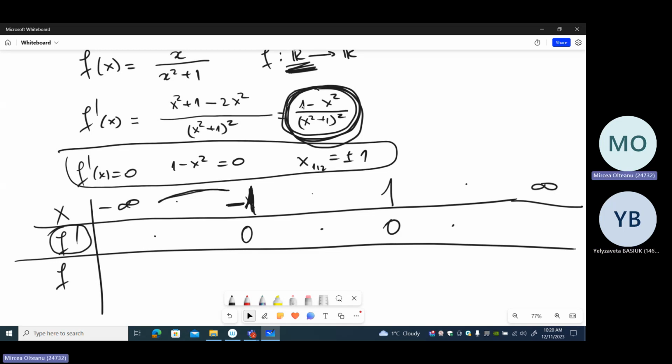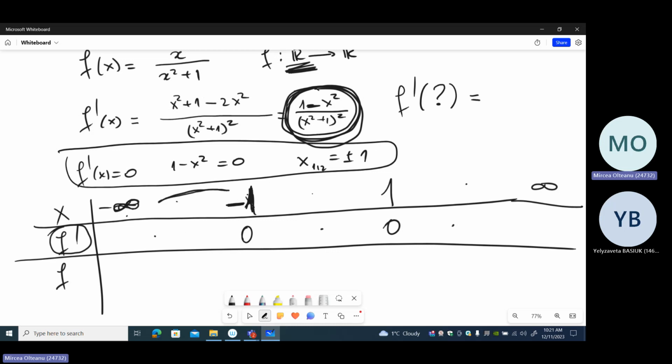We can do it in two ways. In a theoretical way, which means to know the sign of a quadratic function, because we learned about it and we already used it previously, if you remember, or in a non-theoretical way, take an arbitrary value for x in the interval minus infinity, minus 1, compute f prime of that number, see what sign that value has, and then that sign will be the sign on the entire interval.